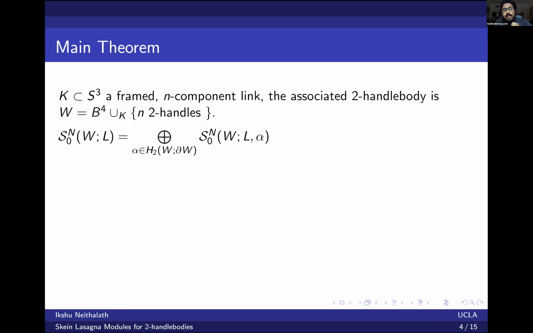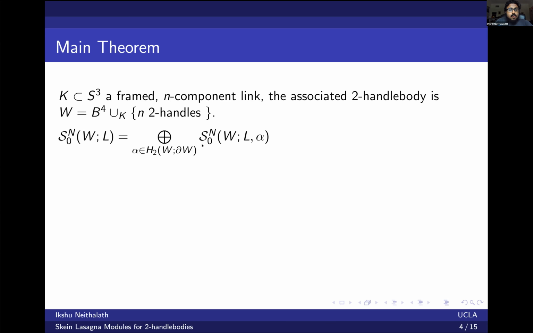The second ingredient that I need before I can state the theorem is a slight refinement of our skein lasagna module invariant. Paul also, I think, discussed this in his talk: there is a grading on this, not just the homological and quantum gradings that appear from Khovanov-Rozansky homology. There's also a grading by relative second homology classes in the 4-manifold.